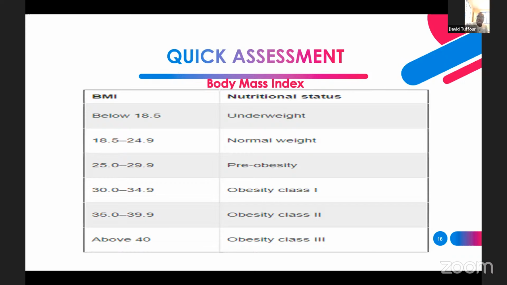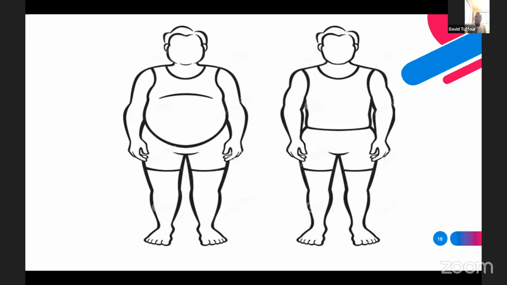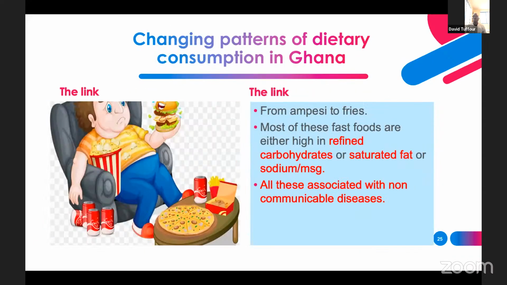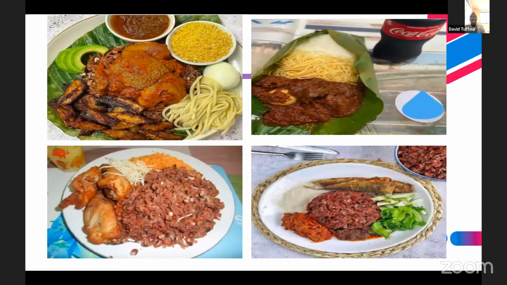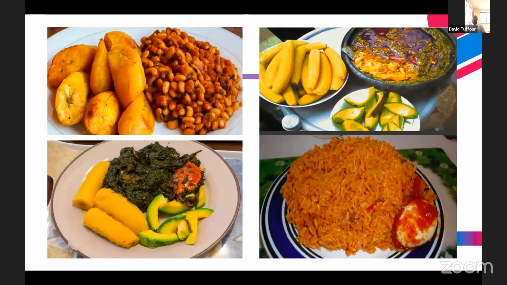Does anybody have their calculation ready now? Okay. So if we don't have any figure now, then we'll proceed to the other part of the slide. Now, we've spoken about dietary consumption in Ghana.